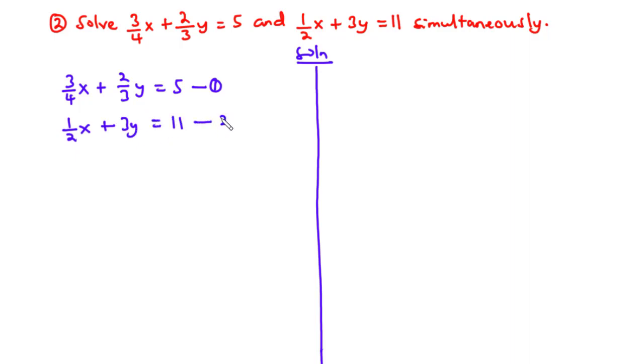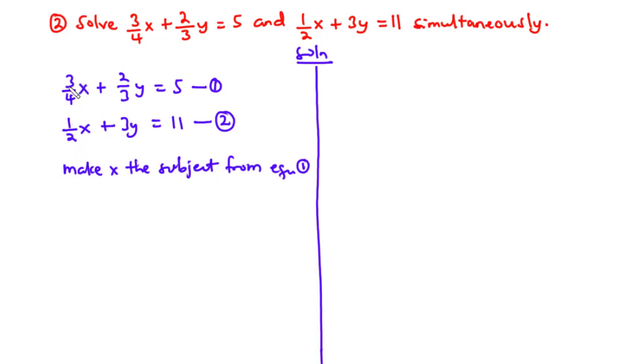Now we have to make one of the variables the subject from any of the two equations. So make x the subject from equation 1. So from equation 1, we have two fractions.